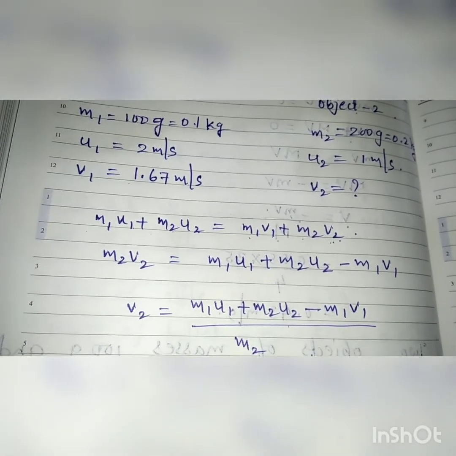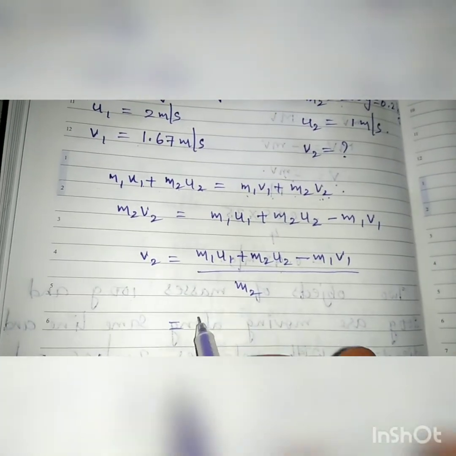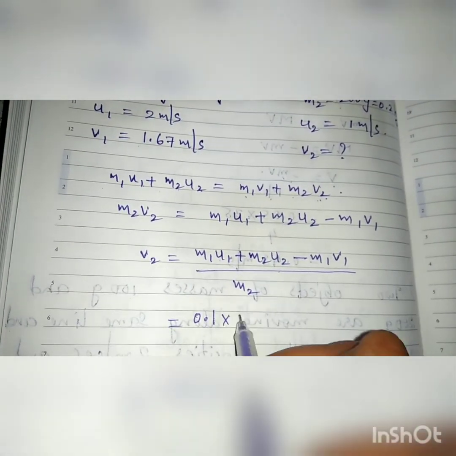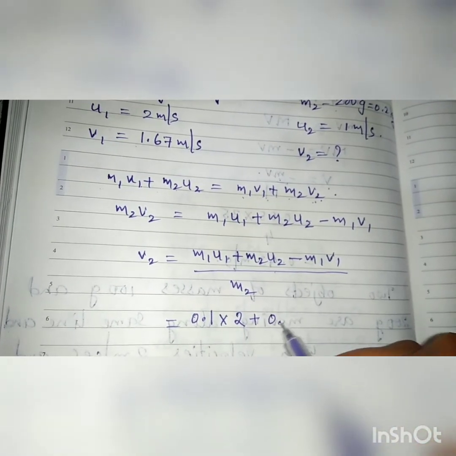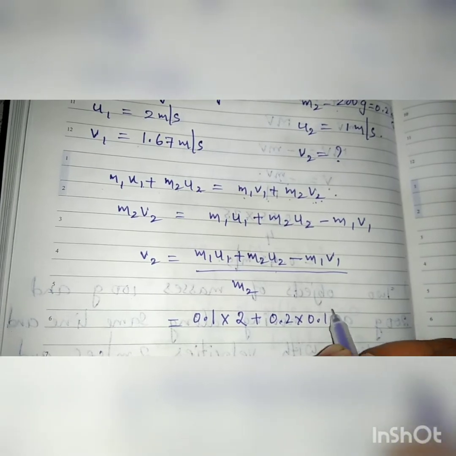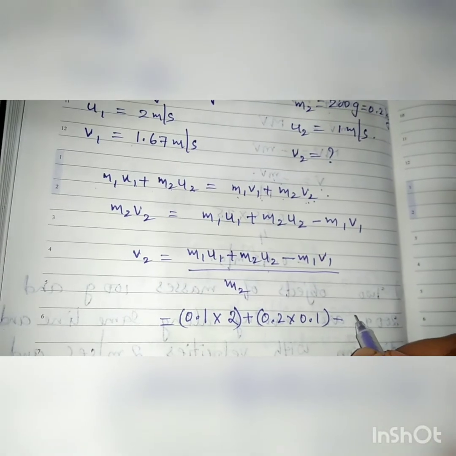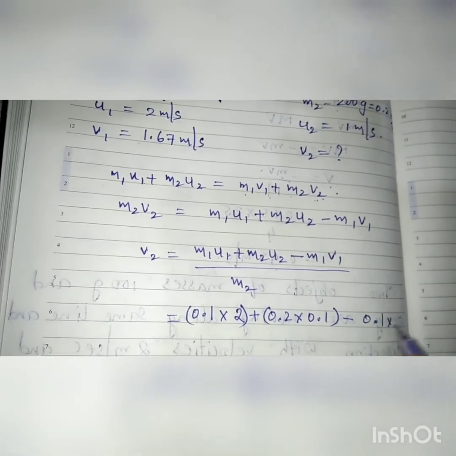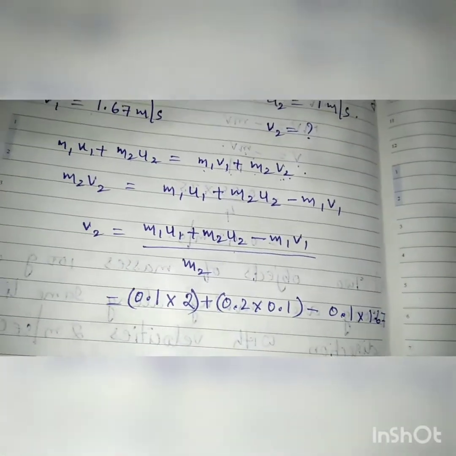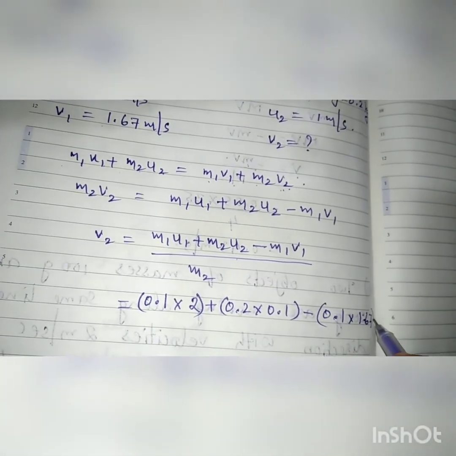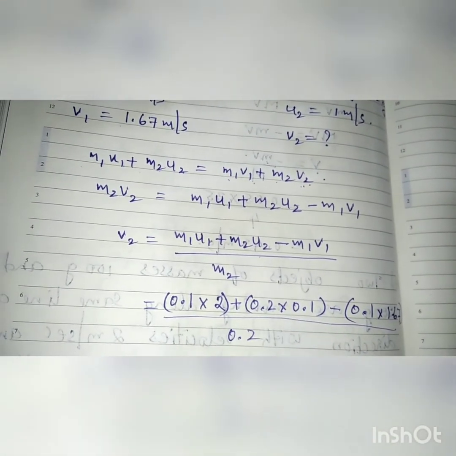Now let us substitute all these values. m1 is 0.1 into u1 which is 2, plus m2 which is 0.2 into u2 which is 1, let us put the bracket, otherwise we may get confused, minus m1, 0.1, into 1.67, this also in brackets. Then all of this divided by 0.2.